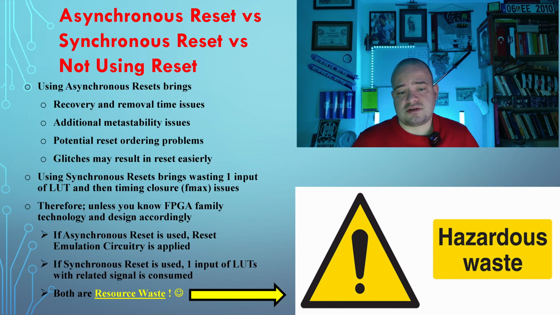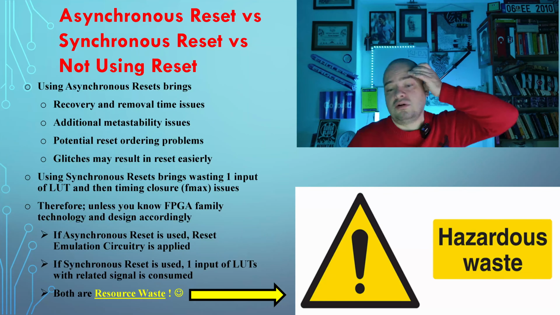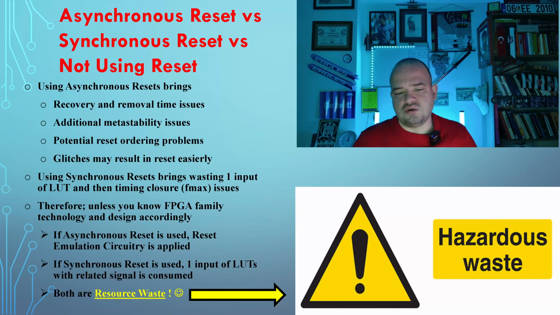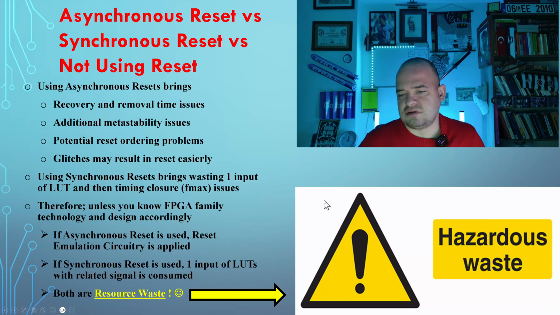When fan out is high, you are wasting global routing resources, and connectivity issues come on the table. If you are using a synchronous reset, then one input of your LUTs with the related signal is consumed. So all in all, those are huge resource wastes. So try to avoid them.